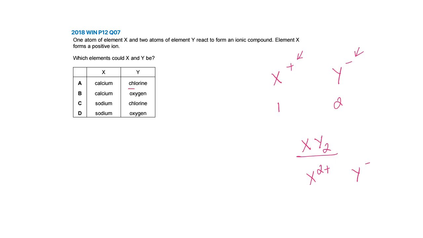And lo and behold, we have chlorine already in the mixture. Chlorine with sodium will make NaCl, not in our ratio. The other one is calcium chloride, which is going to be CaCl2. I think that's the answer. Answer is A.